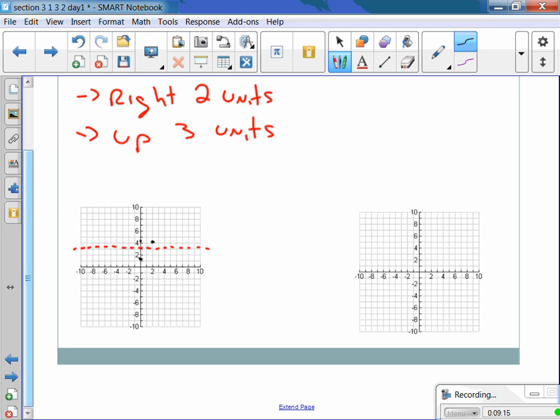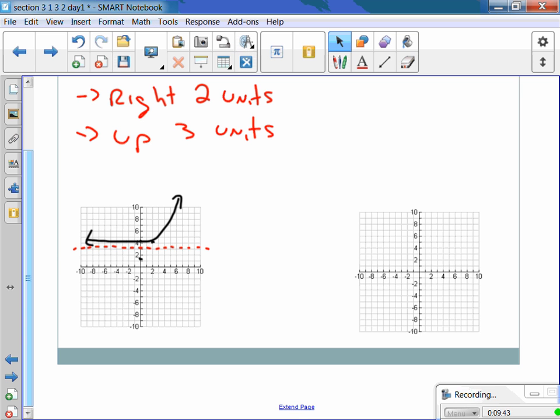Now we just draw that same parent function we had with y equals 2 to the x. That's all you have to do. You can plot more points if you want more fidelity, but I'm not asking for that. I just want to see the asymptote and where the intercept moves to.